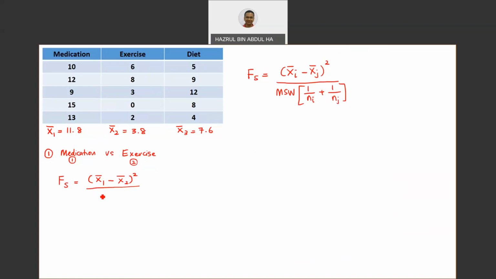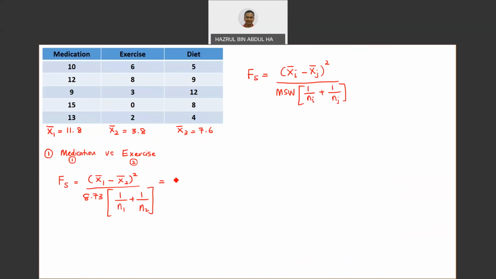In our previous lecture, MSW for this question is 8.73. Multiply by 1 over N1 plus 1 over N2.